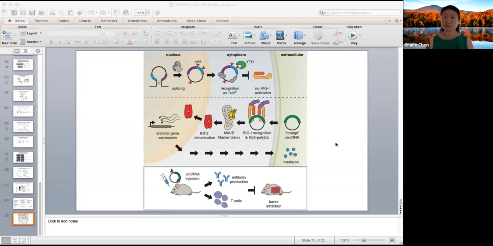I think you also had in one of your analyses that the density of m6A seems to peak in the junction. Is there enrichment for this DRACH motif in the junction of circRNAs?